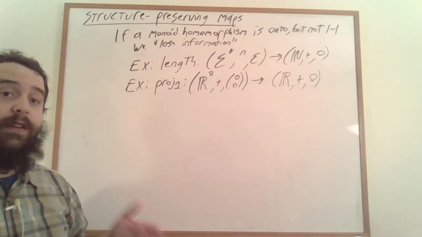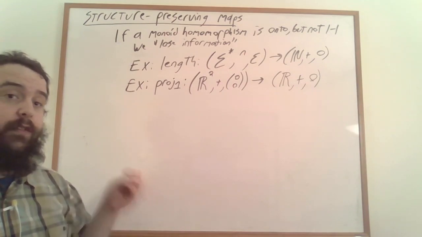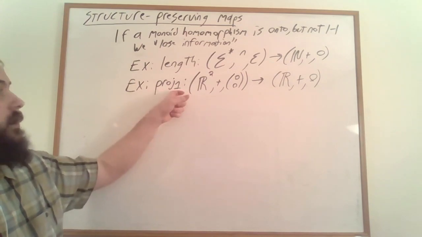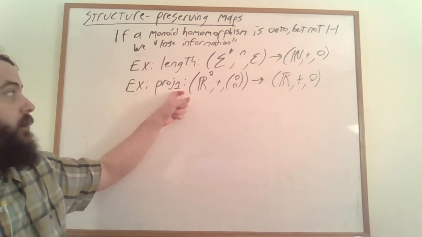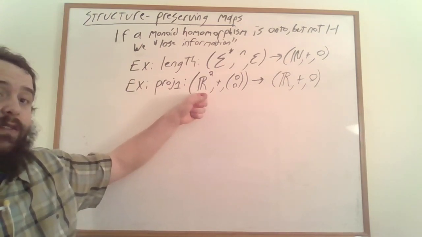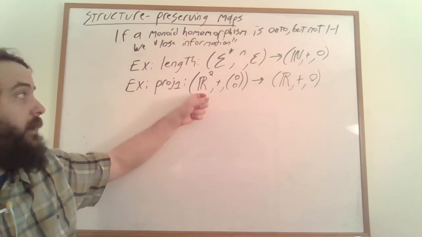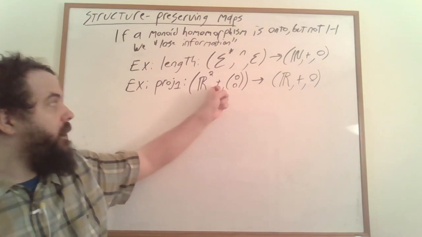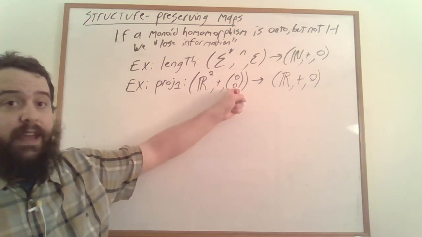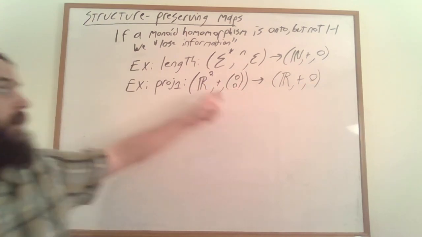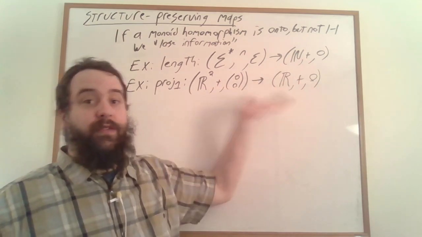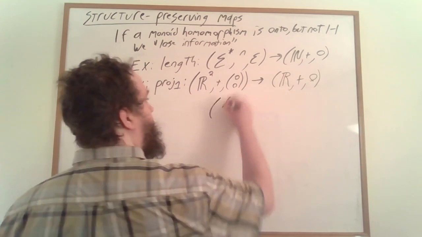Another really good example for seeing this losing information phenomenon is to take a look at the projection onto the first coordinate function, which takes in a vector from R2, so a pair of real numbers, and we're considering this a monoid under addition with the identity element (0, 0), and outputs just one real number, specifically the first element of the pair.